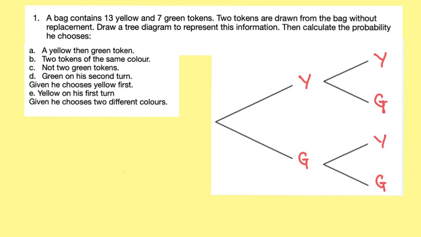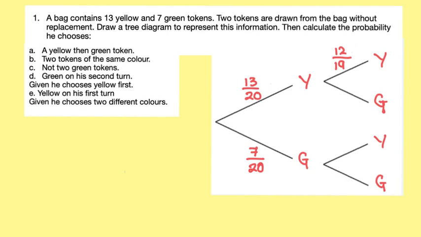Now let's fill in the probabilities. On our first choice, there are 13 yellows out of 20, so the probability is 13 out of 20. If we pick green, there are 7 green out of 20. Now let's fill in the second choices. If we've already picked a yellow, on the second choice there are only 12 yellows out of 19, because one has been removed.